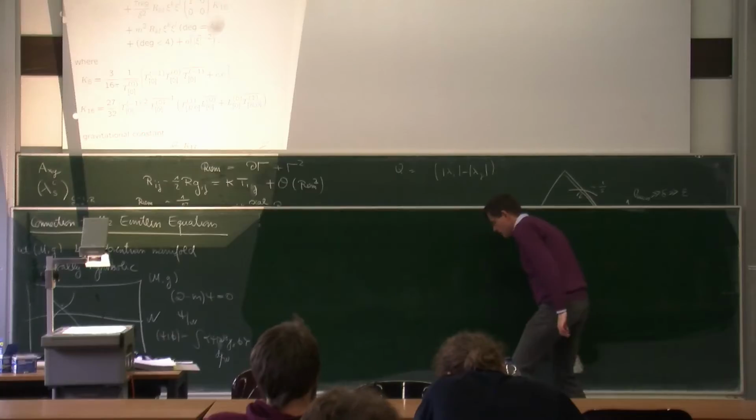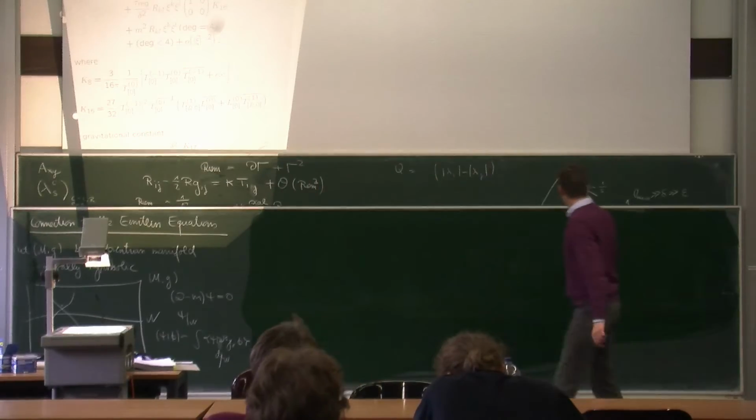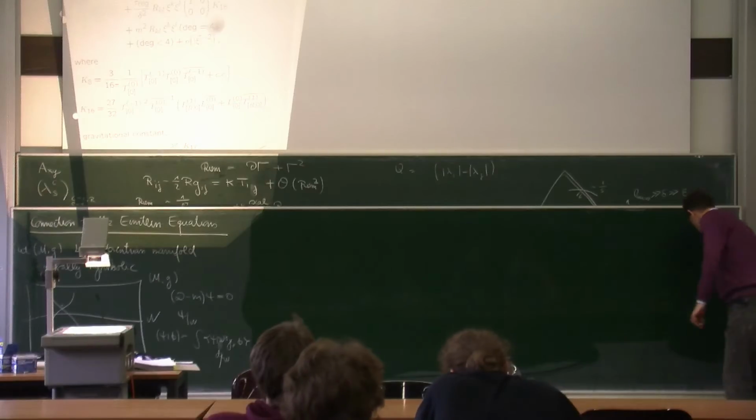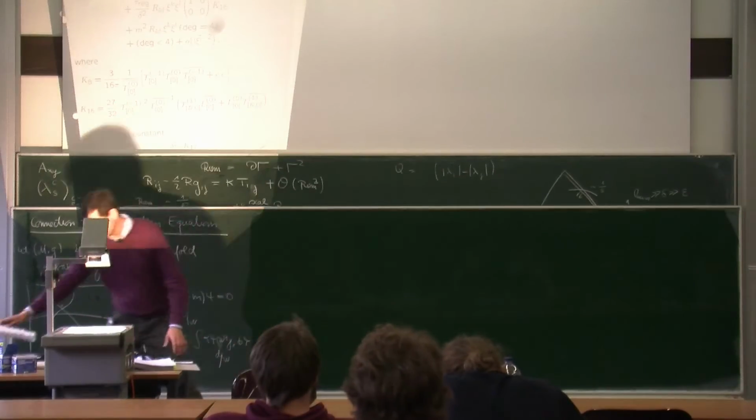But one should keep in mind that here both tensor indices are contracted to psi, and psi is a vector on the light cone.